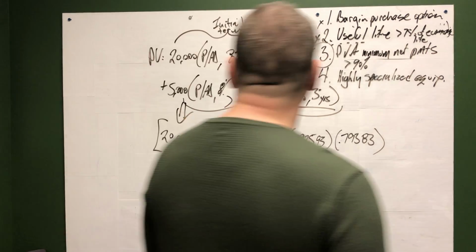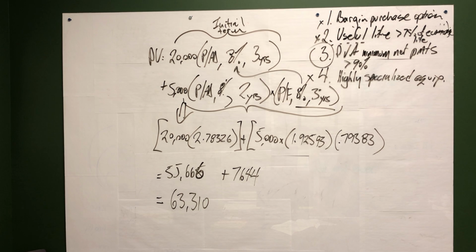Well, what does that tell us now? What are we comparing that 63,310 to in order to figure out whether our present value of the minimum net payments is going to be greater than 90%?